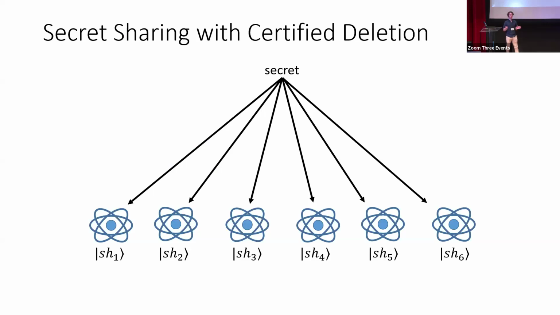Let me be a little more specific what I mean by secret sharing with certified deletion. The scenario I'm considering is we have a classical secret that we're going to split into many quantum shares. Then there's some destructive measurement that you can perform to a share that will delete all information in it and make it useless if you want to use it for recovering the secret.